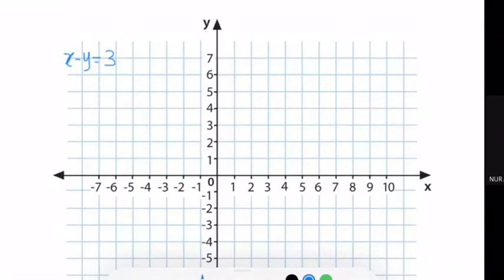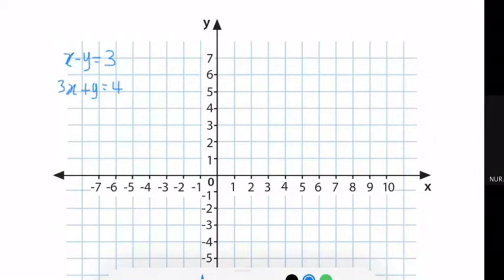On Tuesday, you learned how to plot the graph of x minus y equals 3. Okay, this is one, and then another equation we have 3x plus y equals 4. Can you draw your graph now?